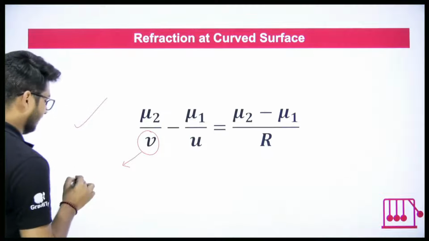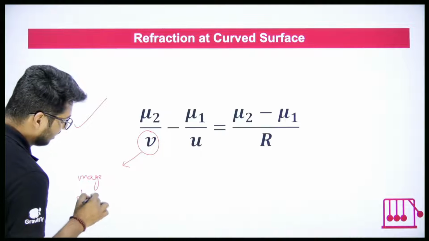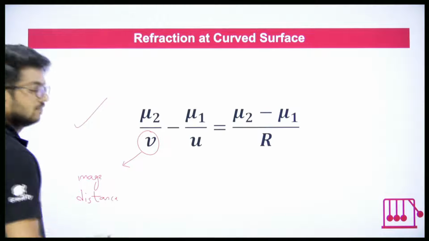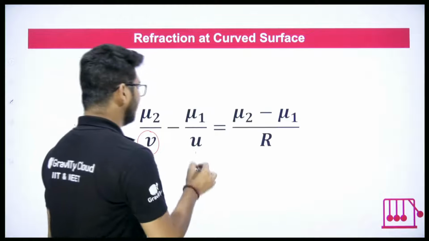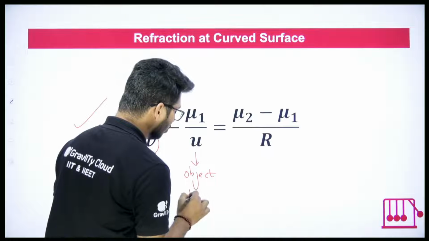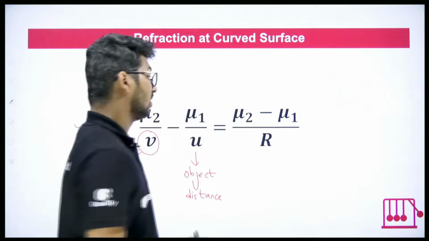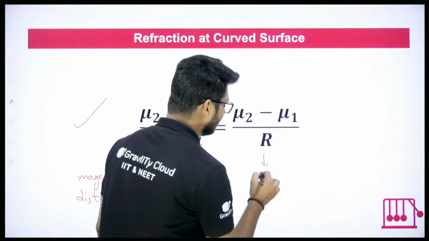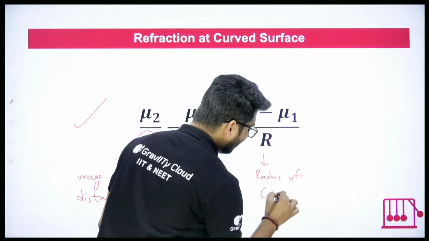V is image distance, calculated from pole. U is object distance, again calculated from pole. And r is radius of curvature.